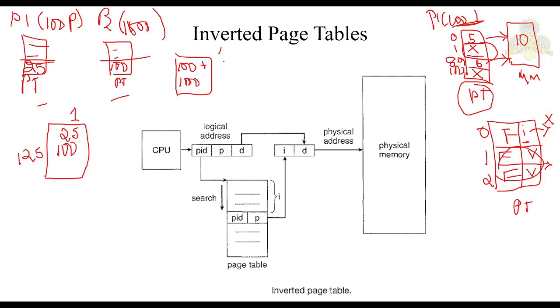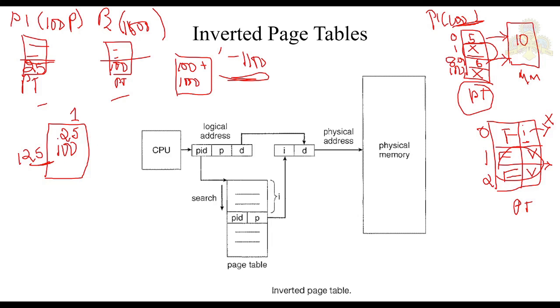That means a single page table would have 1100 entries, which is of no use. Why? Because out of these 1100 of the two processes, only 125 are allocated in the main memory. So that is the problem. That's why I said that the space of the page table was not used properly. So to overcome this problem, we have the inverted page table.